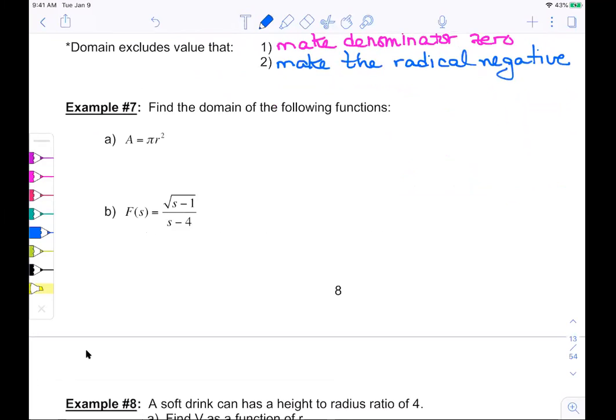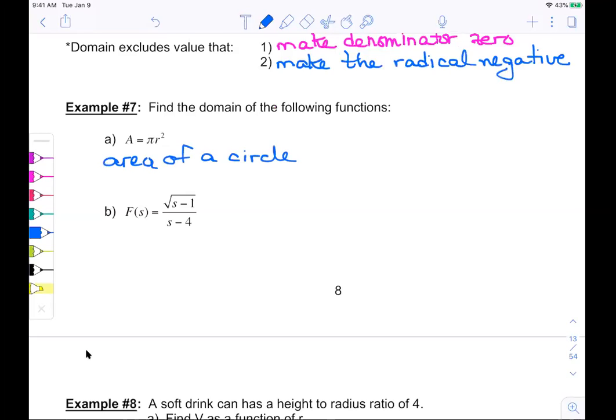Yeah, this is the area of a circle. So it doesn't have a square root. It doesn't have a denominator. So based off of what I said above, there's no denominator, there's no radical. So I shouldn't have to think too much about the domain, except this is the area of a circle.